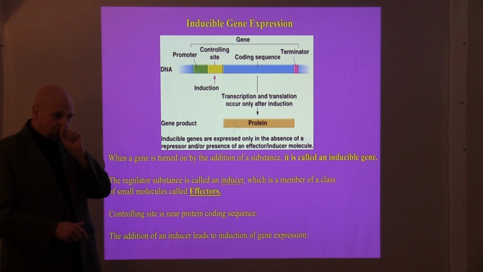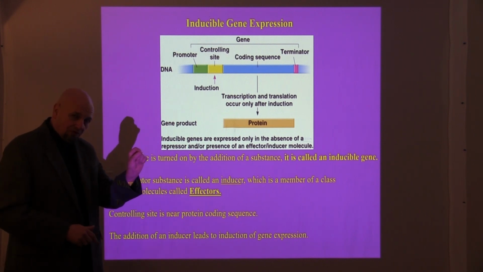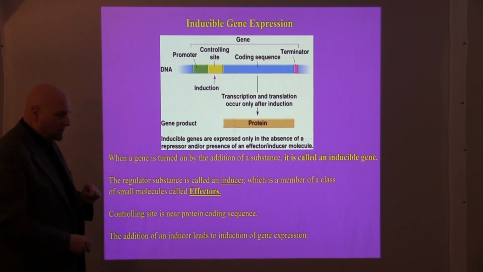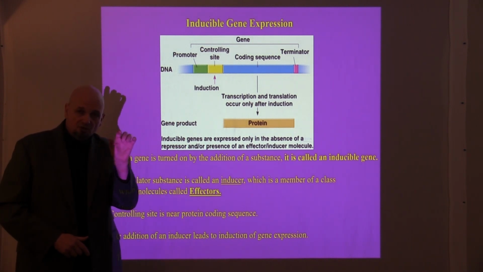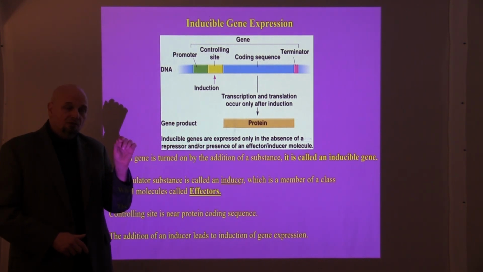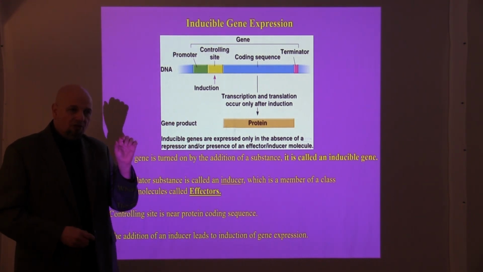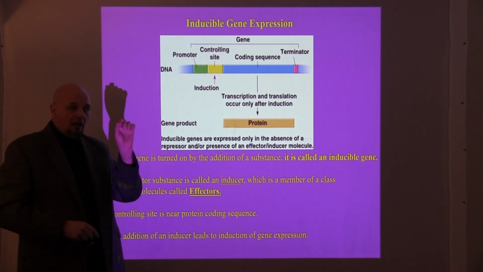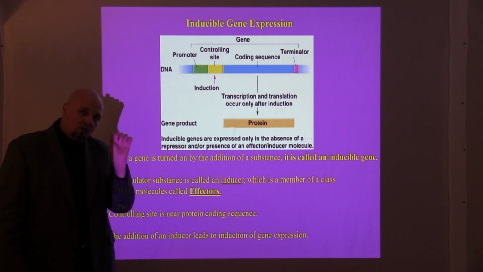So the substance is an inducer that is now present in the environment, which is a member of a class of small molecules. Usually the inducer is a small molecule. The one that works in the first gene that we look at is called allolactose, which is a conformationally modified form of lactose. And that is a very small molecule. We refer to it as an effector. It's a class of small molecules called effectors.